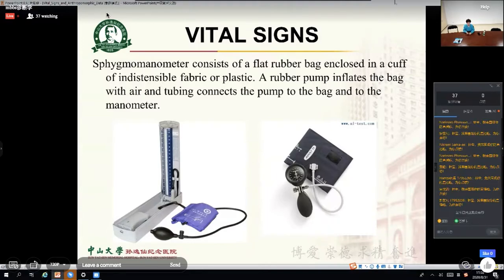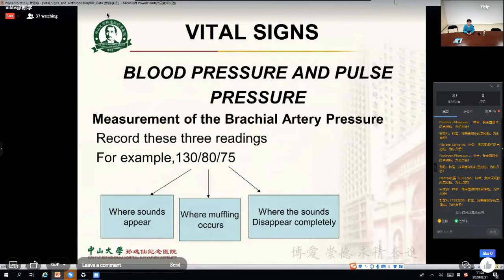So how do we measure the blood pressure and the pulse pressure? Measurement of the brachial artery pressure is the one we use every day. Record 3 readings.